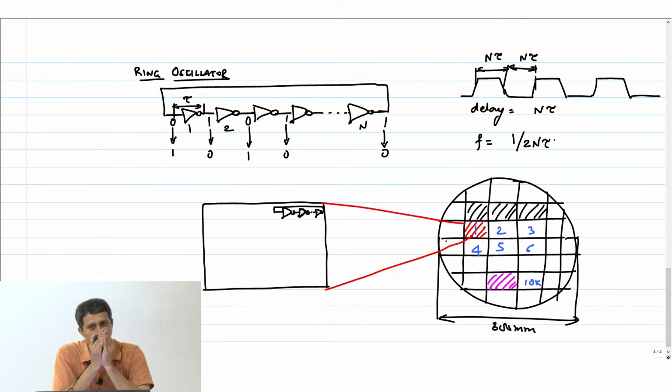Okay. So let's do a quick calculation. If tau is 30 picoseconds, n is 11. What's the frequency of operation?